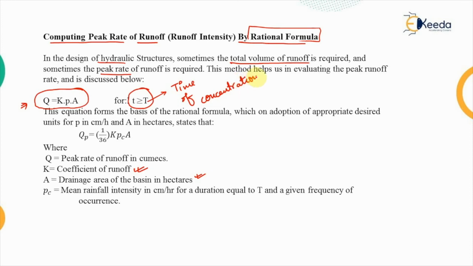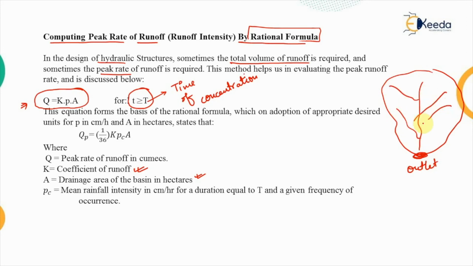Now what is this time of concentration? Let's say this is a certain catchment area and this is the outlet point, that means each stream that is contributing water to this point, ultimately the water from this entire catchment area will be coming out from this outlet point only.